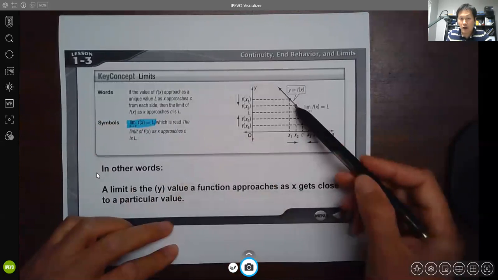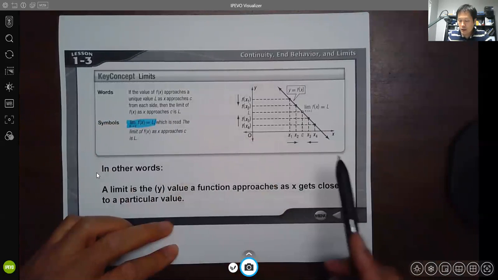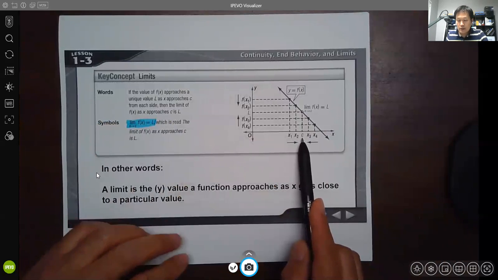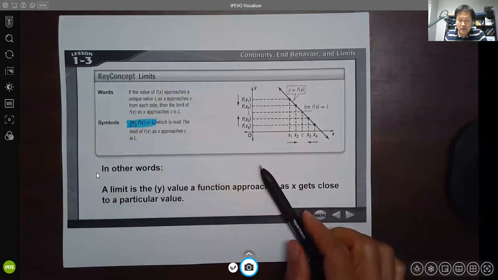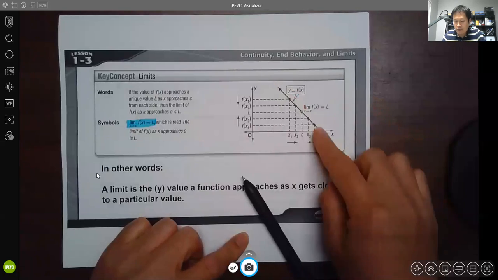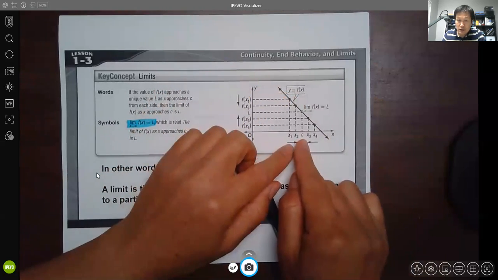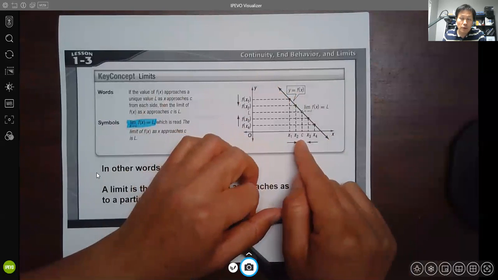Let's say there's a graph of f of x. There's a value of c for x. So as the x value on this graph approaches the c value, you can approach the c value from both directions.